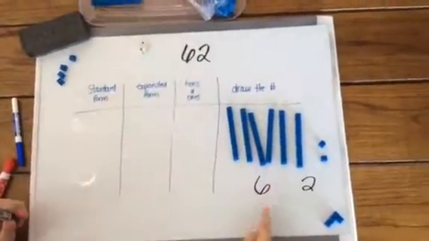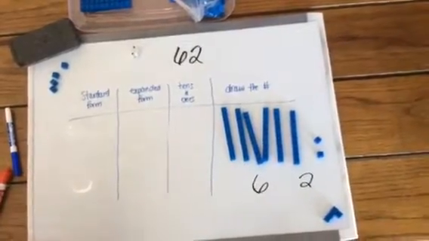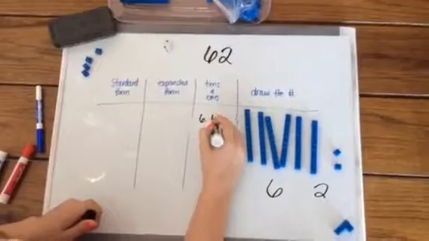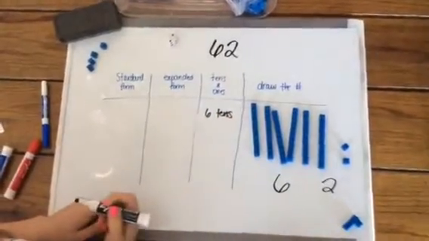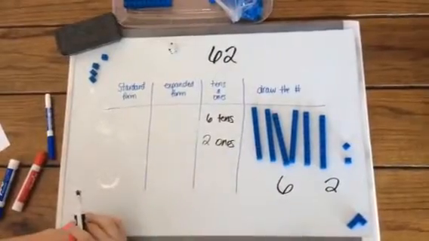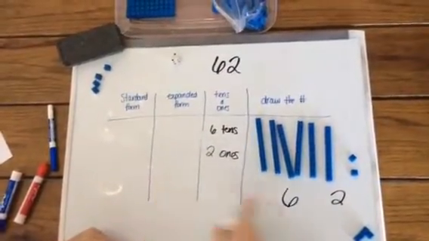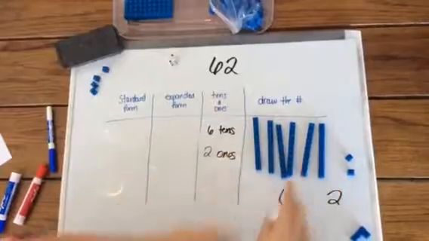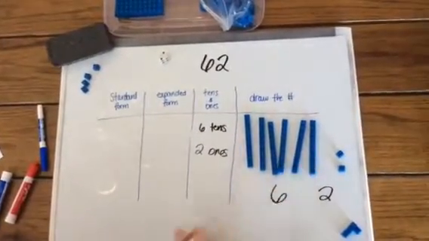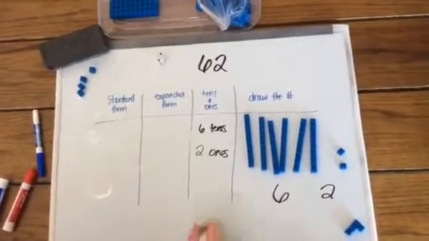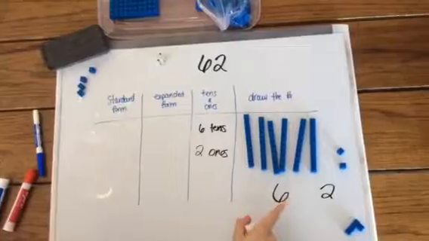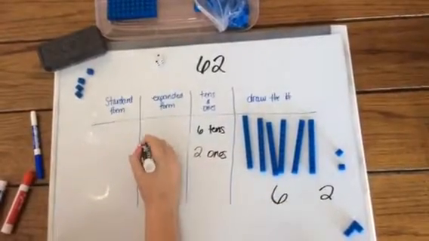Now this will help us fill out the rest of the chart. We have 6 tens and 2 ones. The expanded form, by looking at the blocks, we have 1, 2, 3, 4, 5, 6 rods. And if each one has 10, 6 times 10 would be 60.